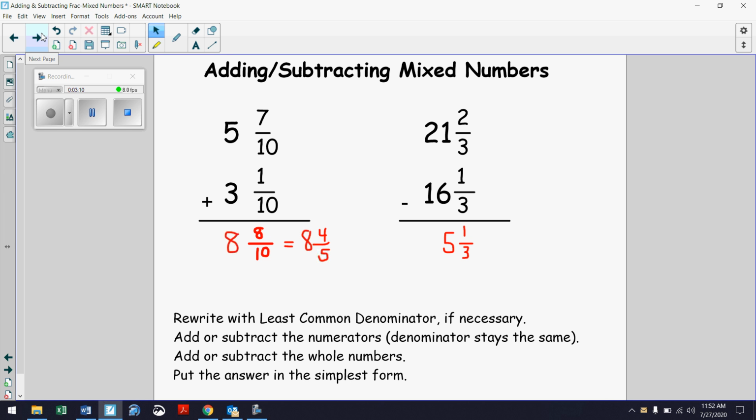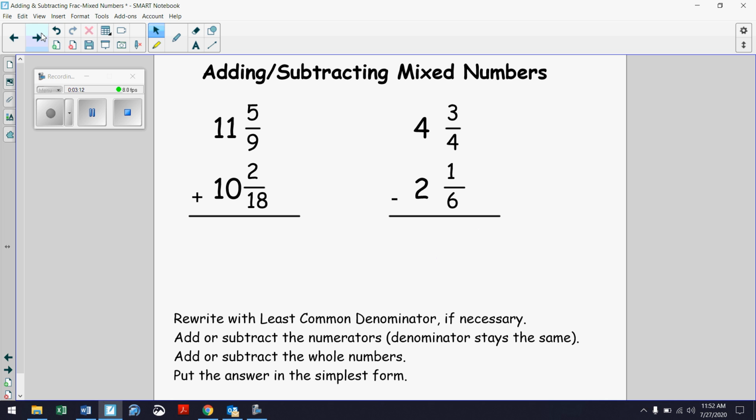So there are some other cases that make this a little more complicated. So it could be that there are not common denominators, so we follow the same steps we took when they were just fractions, and we make sure they're common denominators. So I could either change this 9 to an 18, or I can just reduce this fraction, which I'm going to do, to match the denominator of 9.